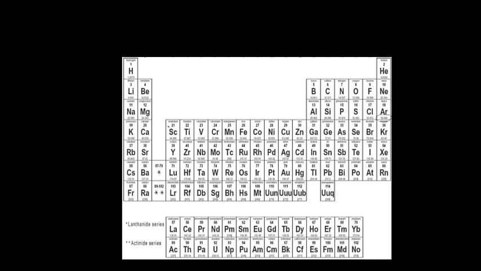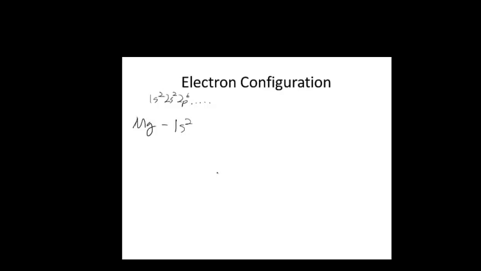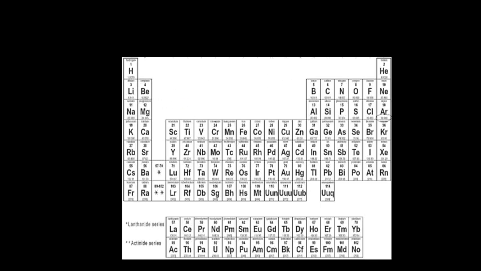So if we skip back, magnesium's right here on the periodic table. This is row 1, and remember these are S's. If I go through row 1 and they're S's, I write down 1s, and I went through 2 of them, so 1s2. Then row 2, I go through 2 S's there, so I write down 2s2.